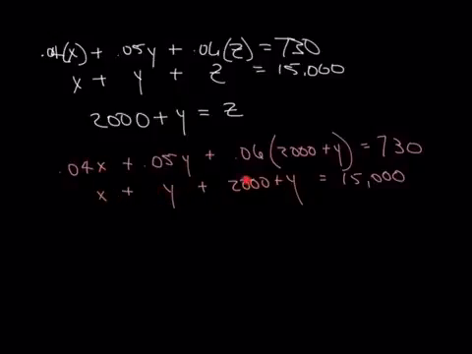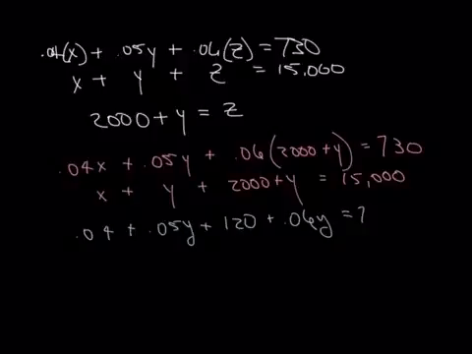Obviously, I'm going to combine those and move this 2000 over here to make it look a lot better so that I just have variables. So 0.04x plus 0.05y plus 120 plus 0.06y equals 730.